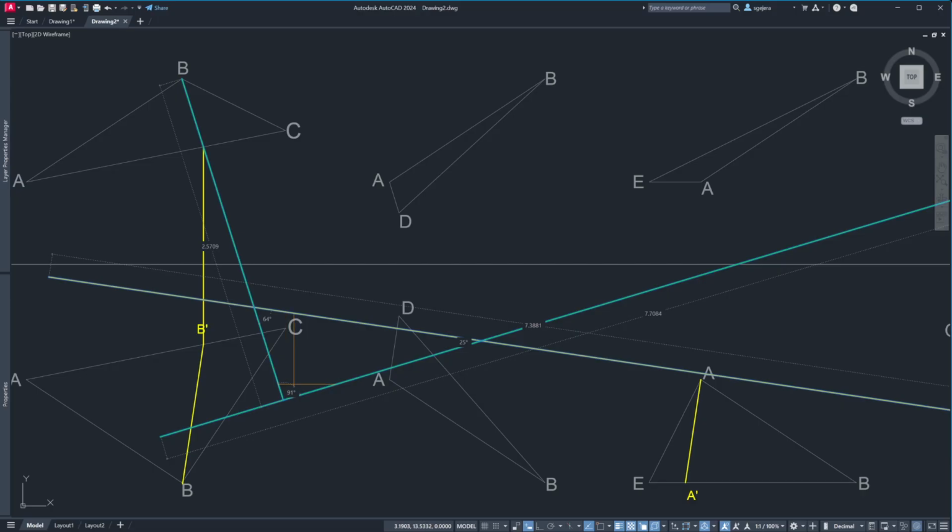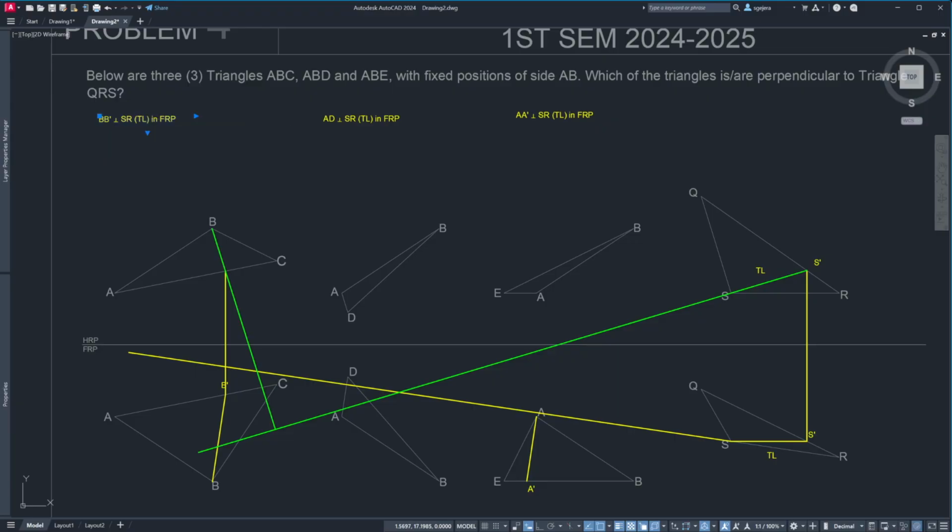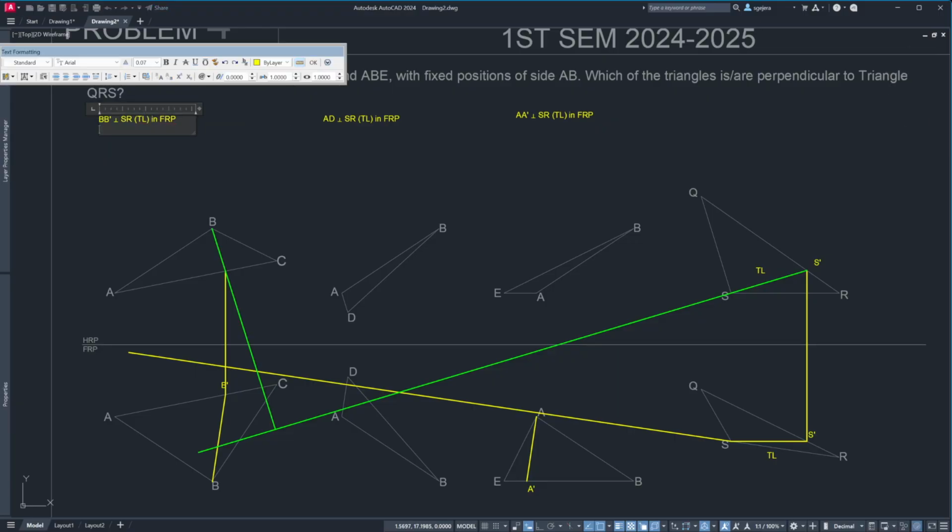So if you were doing this in pencil and paper, you would conclude that this is perpendicular. So we could probably say that as well here, no? Baka yung translation lang from PDF to AutoCAD shifted it a little bit, so kaya siya naging ganyan.